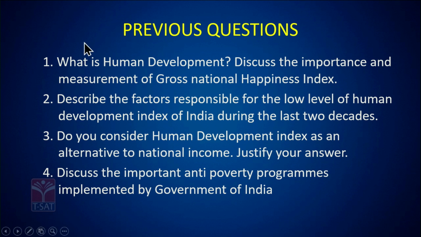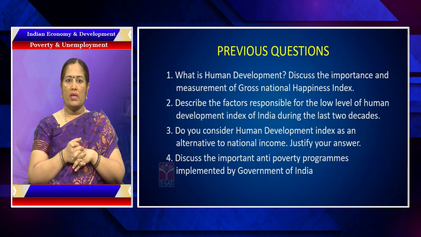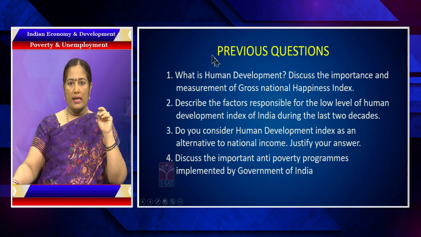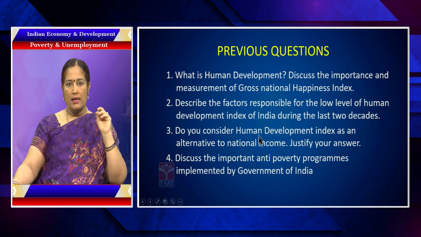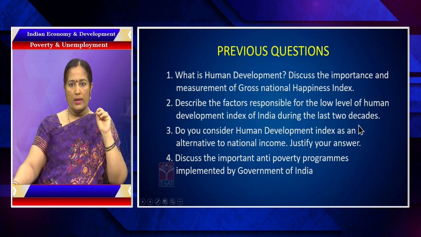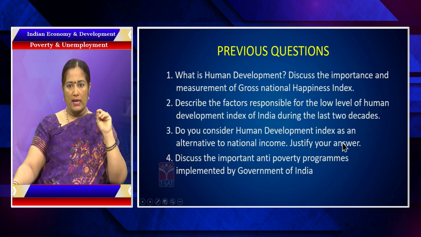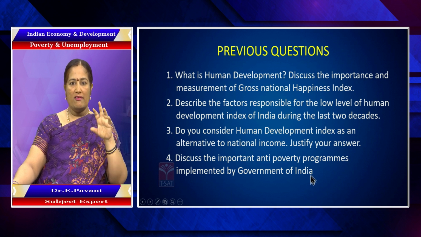The next important and interesting slide is about the previous questions which were asked on this topic, that is poverty and unemployment. The first one: what is human development? Discuss the importance and measurement of the gross national happiness index. Describe the factors responsible for the low level of the human development index of India during the last 2 decades. Human development index is an alternative to national income; justify your answer and discuss the important anti-poverty programs implemented by the Government of India.